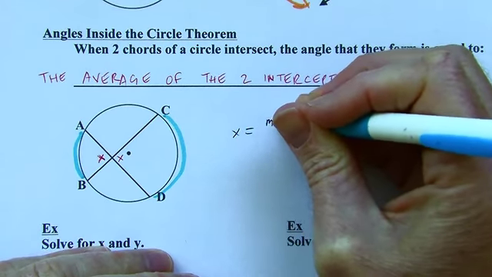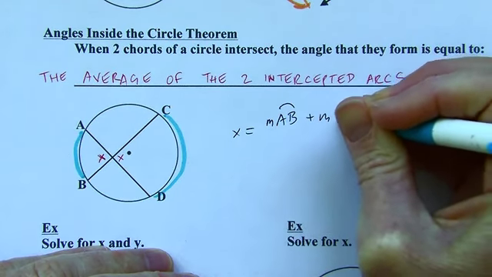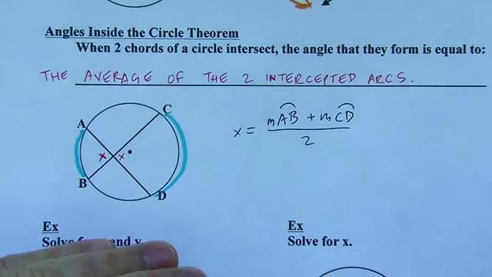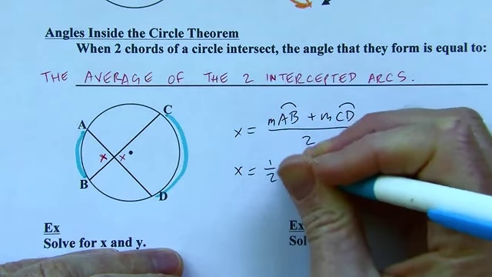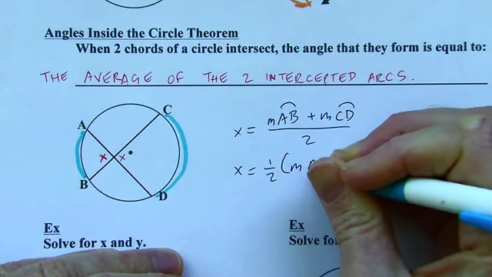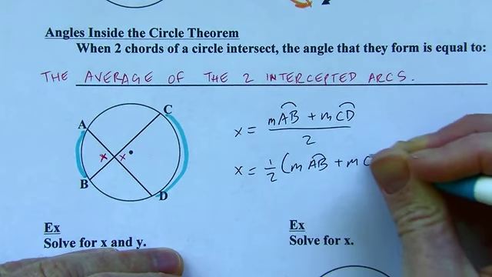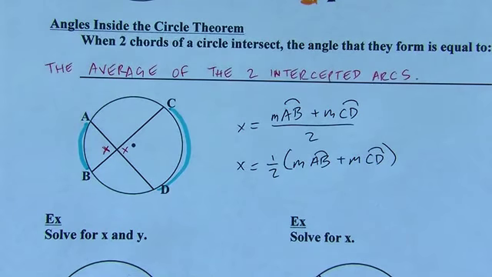I could take the measure of arc AB plus the measure of arc CD and then divide it by 2. That's actually the same thing as multiplying by 1/2. I don't know why, but for these types of problems, I like to do the 1/2 times, but you can divide by 2. Makes no difference.